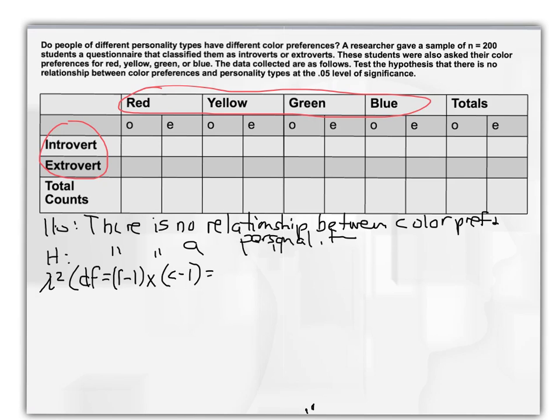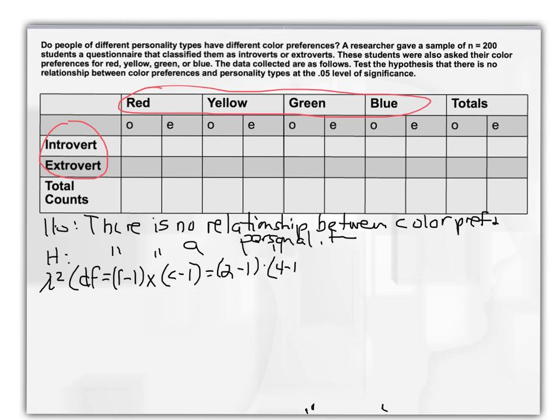So in this case, we have two categories in the rows, so we have 2 minus 1 times, we have 4 categories in the color dimension.